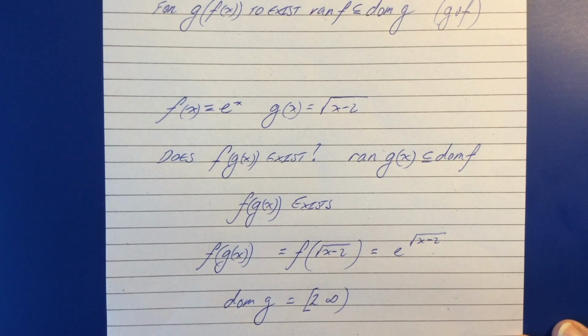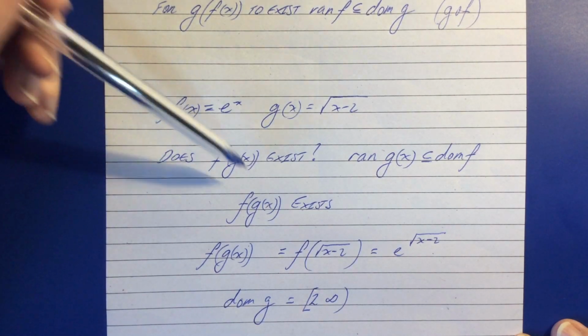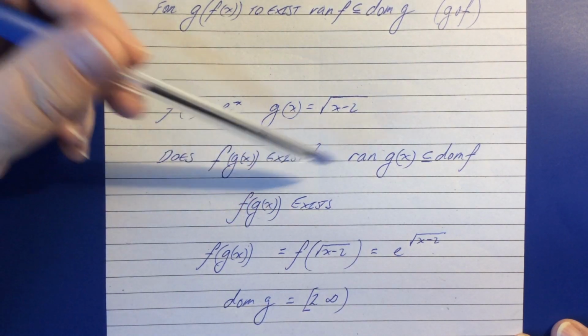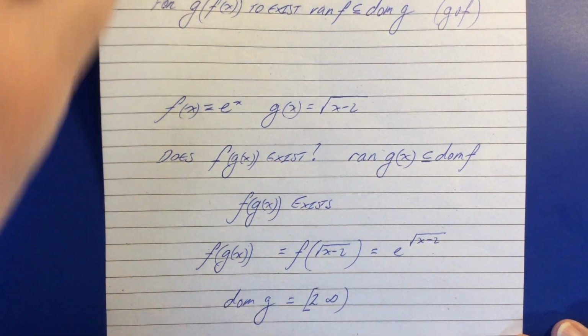We'll come back to that in a moment because, as you will see, this causes a problem later, but this is just something to note. For the moment, we can note that this function exists because the range of g is a subset or equal to the domain of f. Now, let's see where the trouble starts.